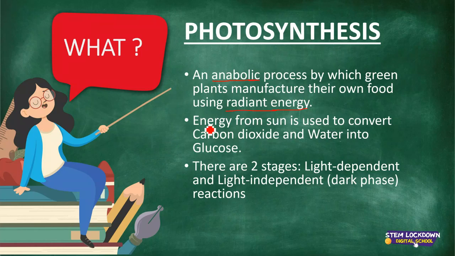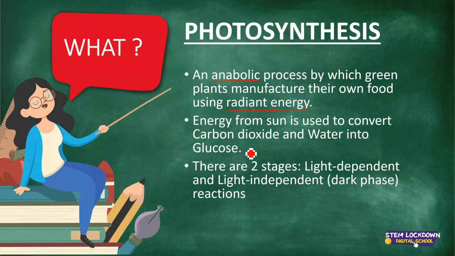Okay, our second point says, energy from the sun is used to convert carbon dioxide and water into glucose. So that is just basically photosynthesis, using the sun to convert carbon dioxide and water into glucose. And what was omitted here was that oxygen is a waste product, a product that the plant doesn't use.